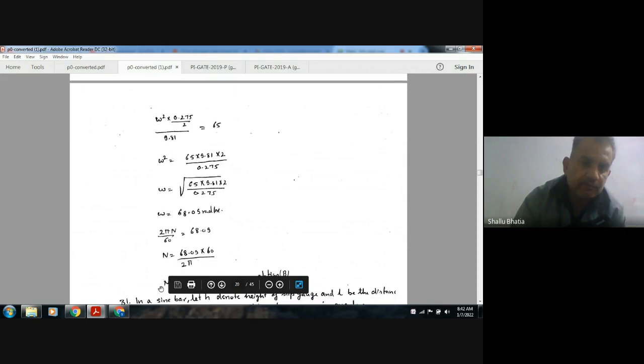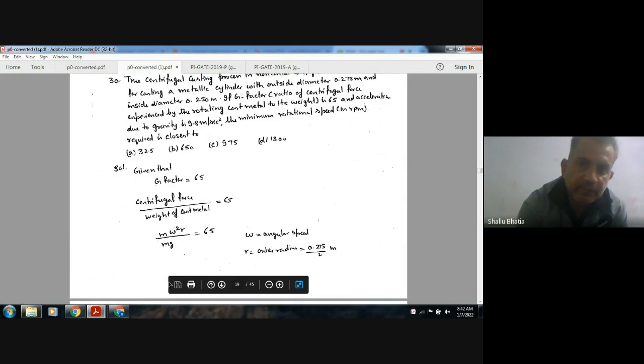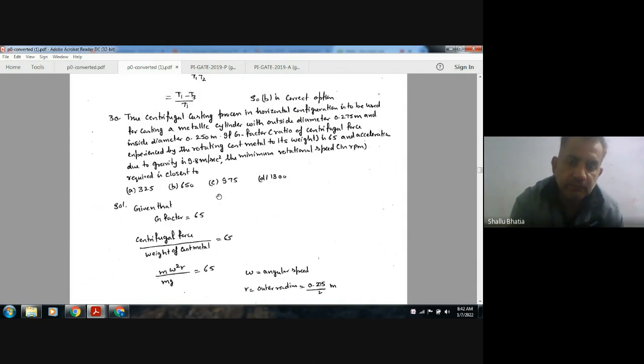So take only the outside radius and find omega. Omega is 58.09, and then the RPM is 650.62. You can check this from the derivation: in centrifugal casting, the outside radius provides the centrifugal force that pushes all the material outward, away from the center.